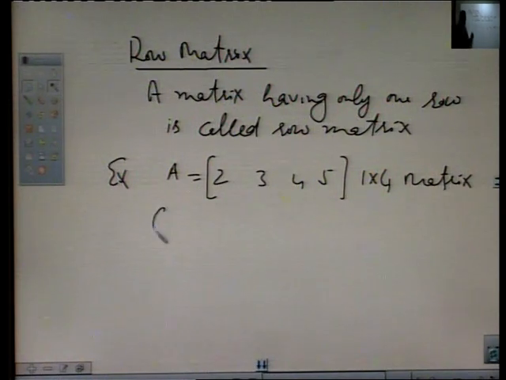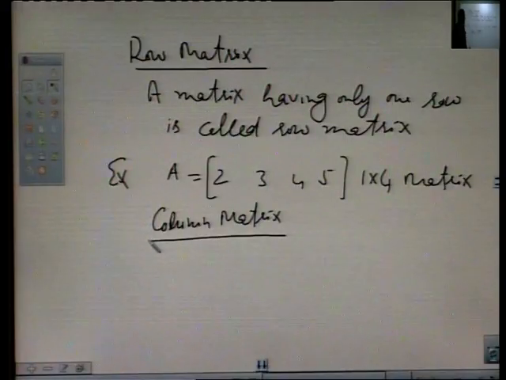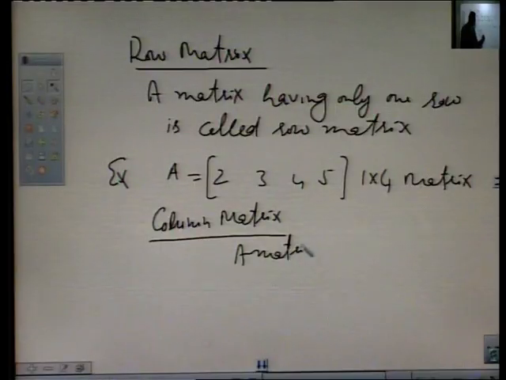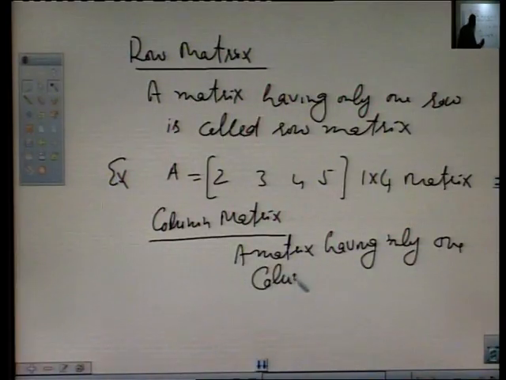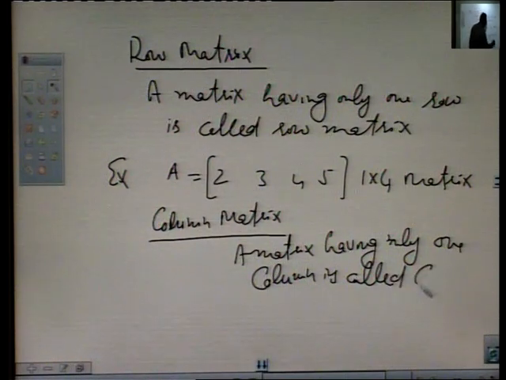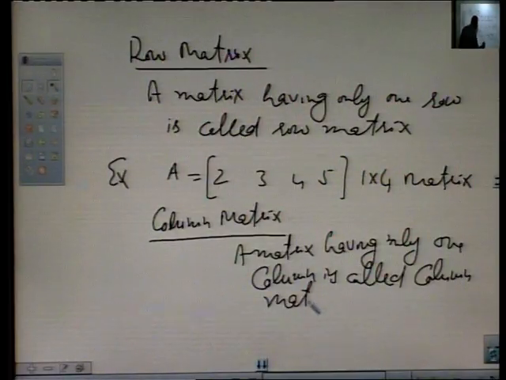And next is column matrix. A matrix having only one column is called column matrix.